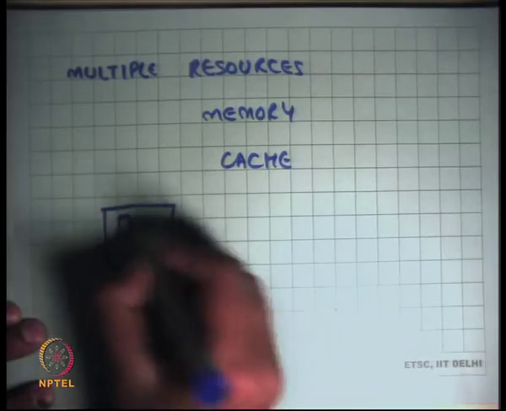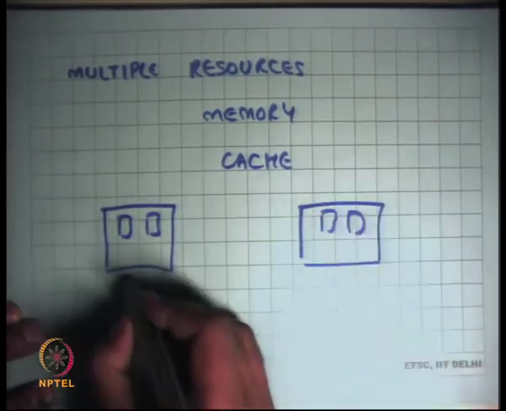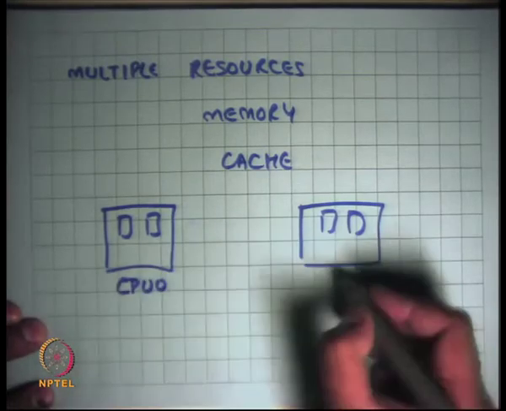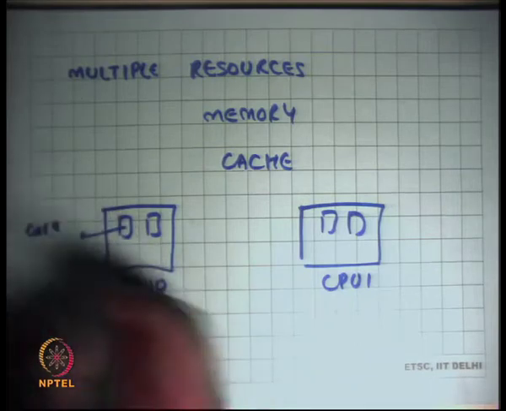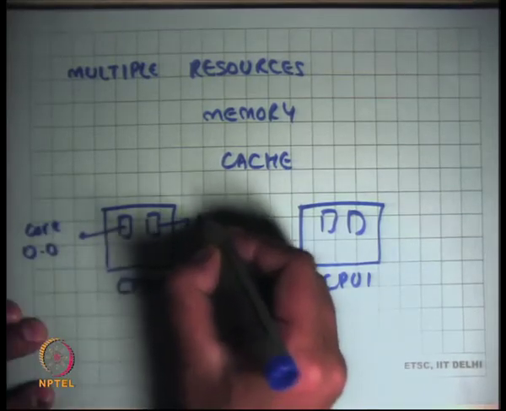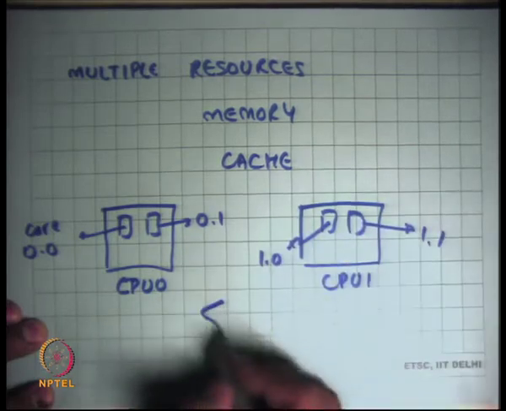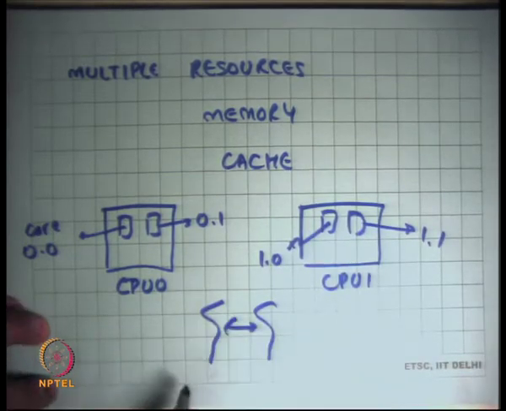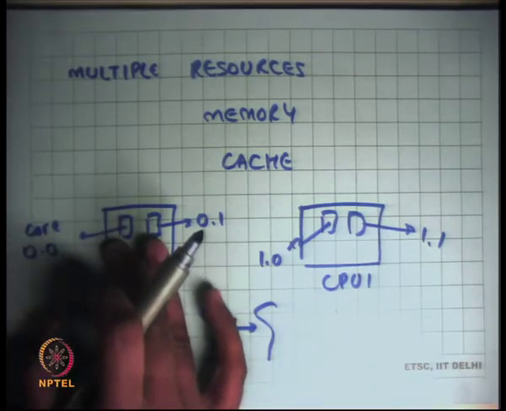These days you get multi-core CPUs. So let's say there are two CPUs which have 2 cores each. This is CPU 0 and this is CPU 1, and this is core 0.0 and this is core 0.1. This is 1.0 and 1.1. If there are two processes that have a producer-consumer relationship between them, then it's better to schedule both of them on the same CPU together.